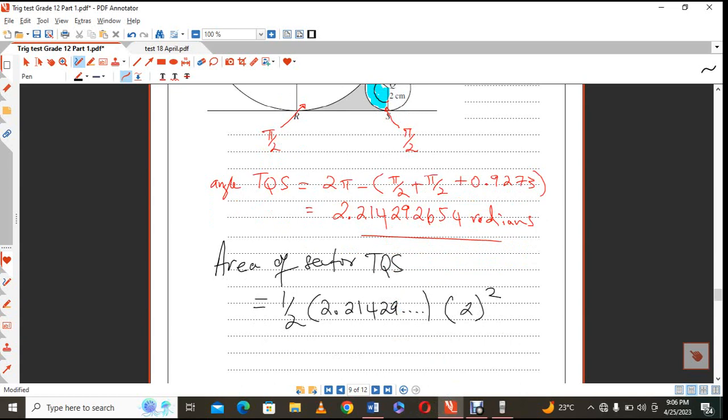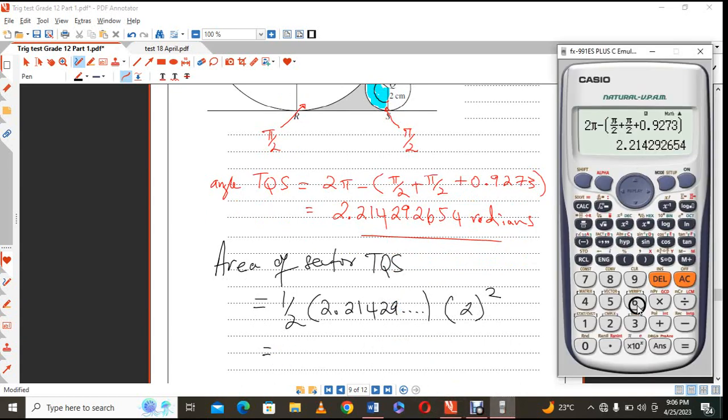Your calculator still has that angle, so you can just say that angle times a half times 2 squared, which is 4.